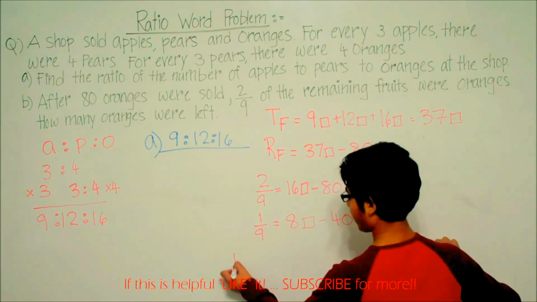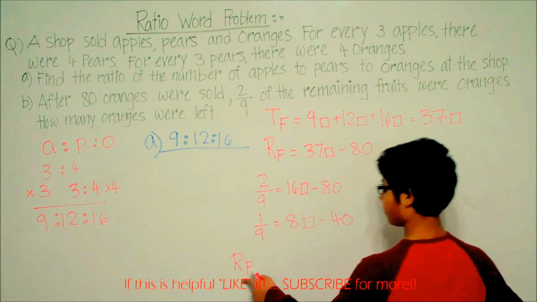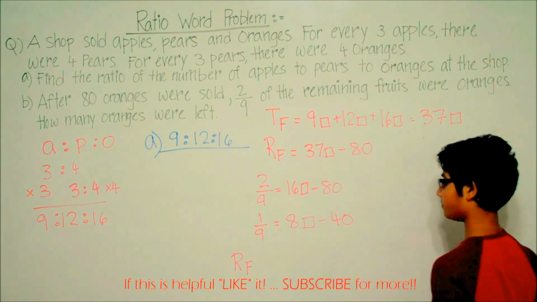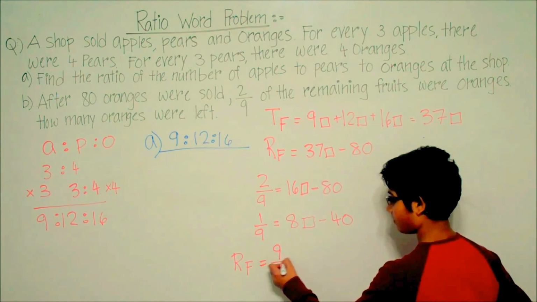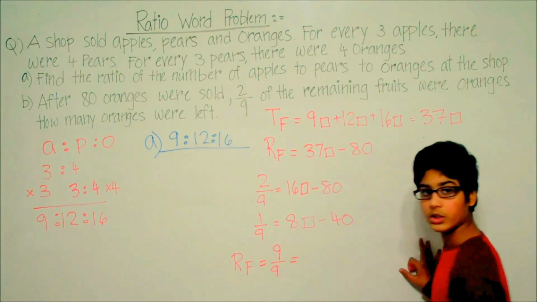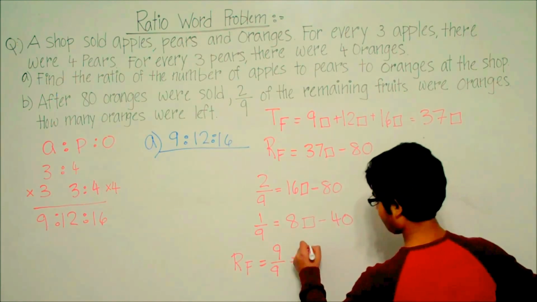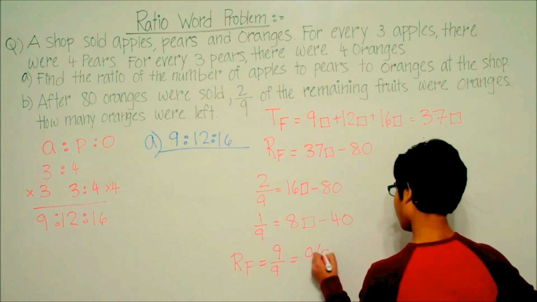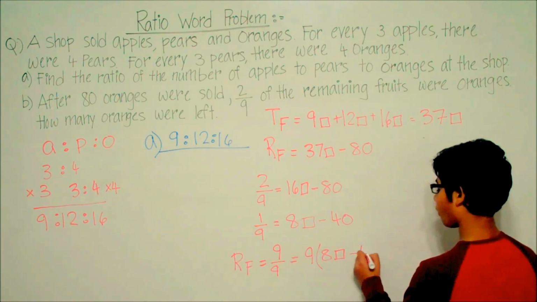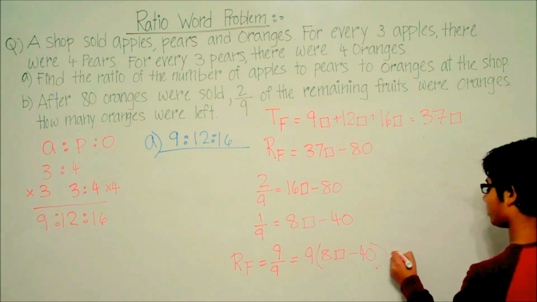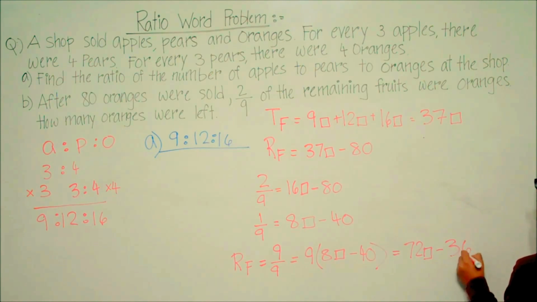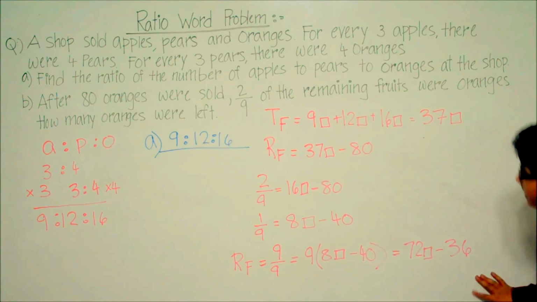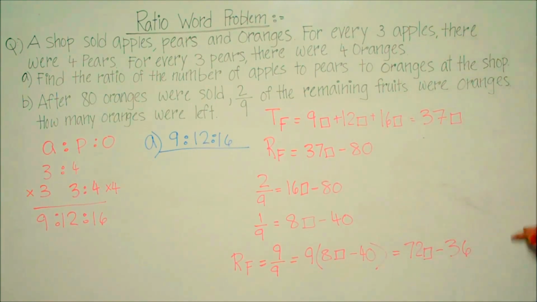So this means that the remaining fruits, RF, are equal to 9/9, which are equal to 9 times 8 units minus 40, which is 72 units minus 360.